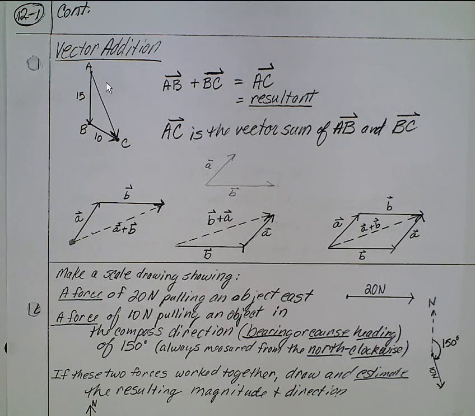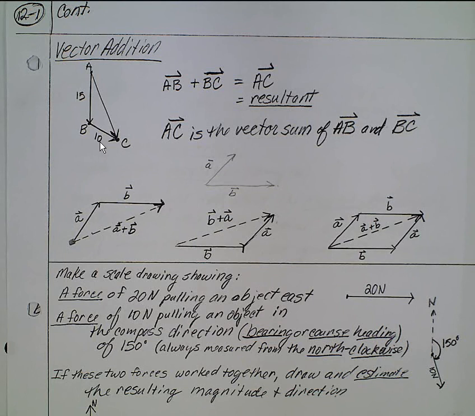So for example over here, if you start at point A and you go straight down 15, you've gone from point A to point B. This is vector AB, and then you add to that vector BC, so you start at B and move to C. Again, notice that they have length and direction shown by the arrows. One's 15, one's got a magnitude or strength of 10.